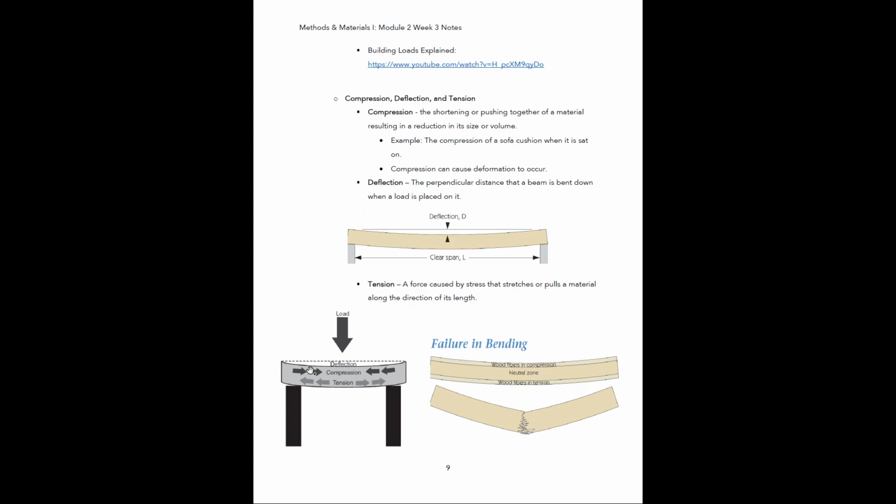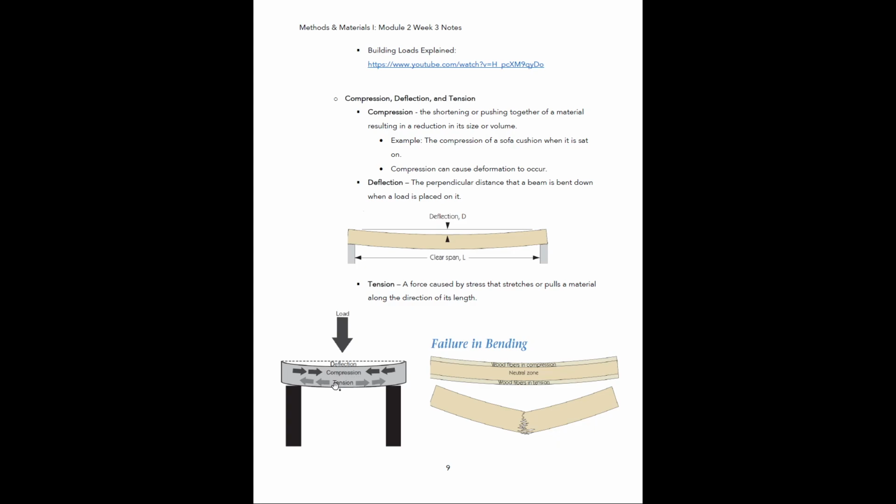Now, if we look at the other two terms, compression and tension: as the load is being applied, the top side of the beam is experiencing compression. It's being pushed down, and the fibers toward the top are being pushed together.